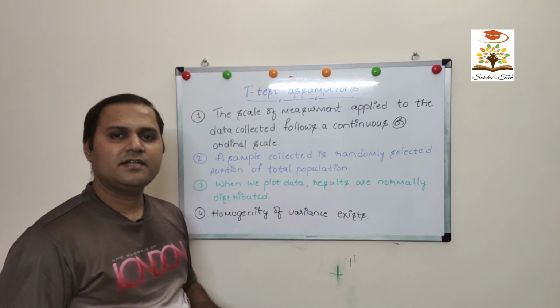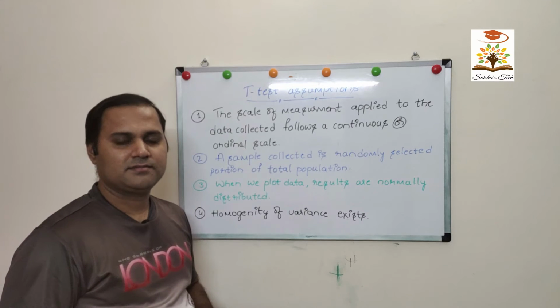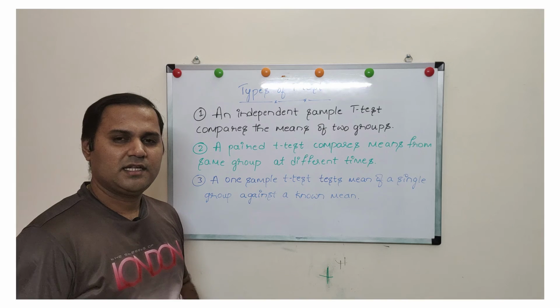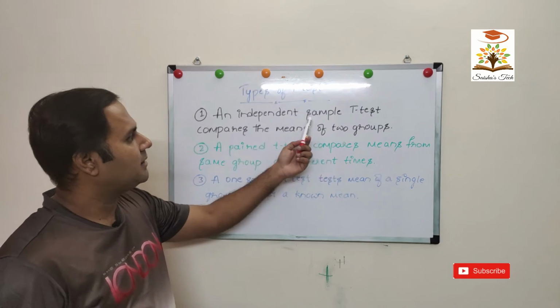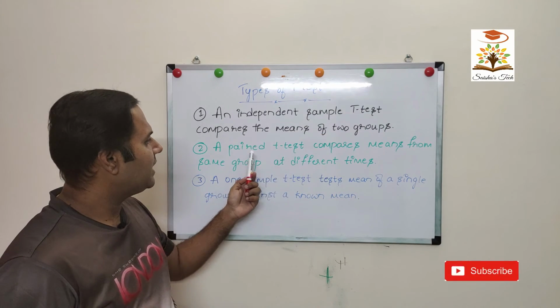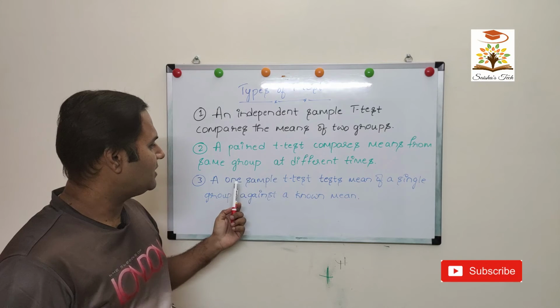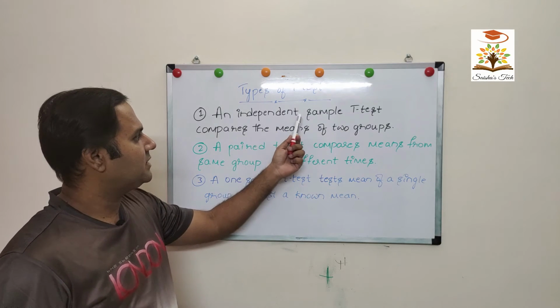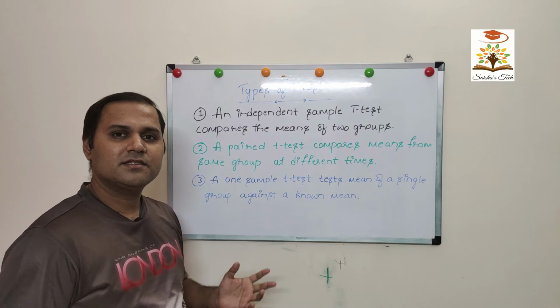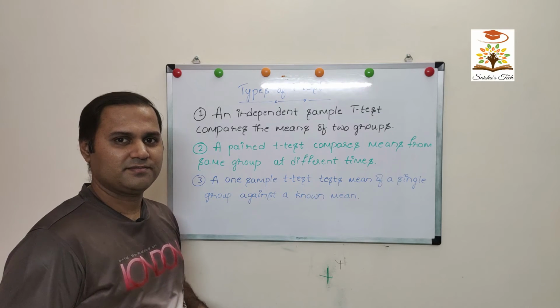Now let us understand the types of t-test. There are 3 types of t-tests: independent sample t-test, paired t-test, and one sample t-test. An independent sample t-test compares the means of two groups.